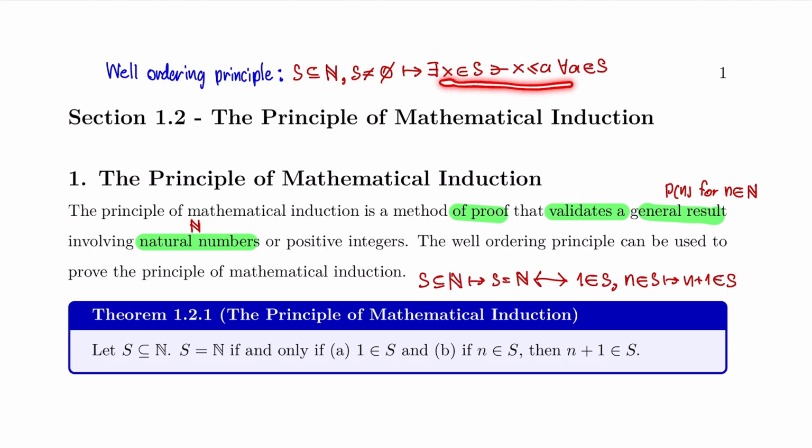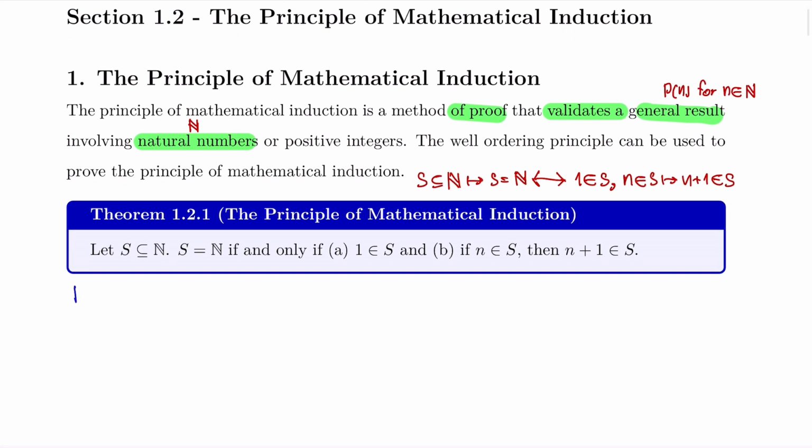Okay, let's get started. Let's prove this one. I have to assume that S is a subset of the set of natural numbers, and we have if and only if.